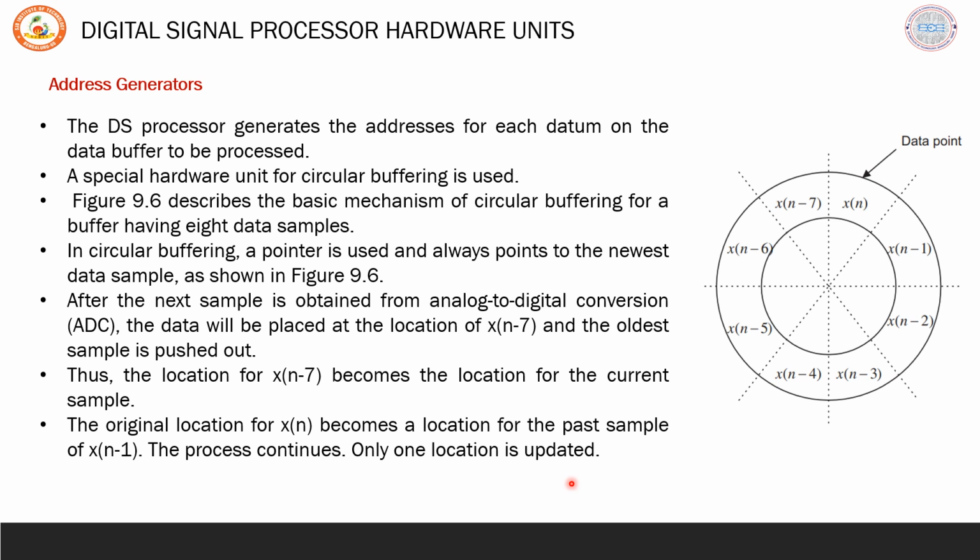So this is the principle behind the address generator. The address generator is responsible for pointing to the correct memory location. Whenever we use a circular buffer, we have to implement the concept of mod. So this involves circular addressing as well.